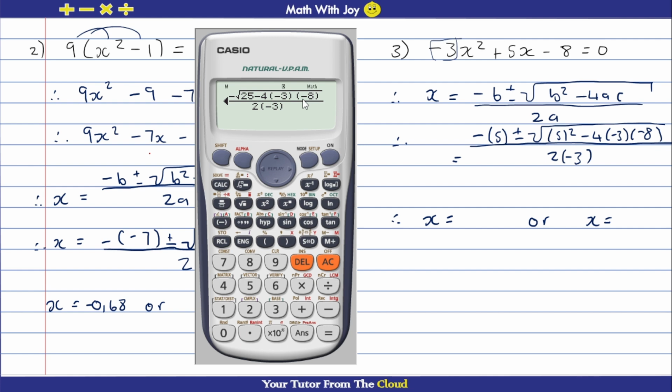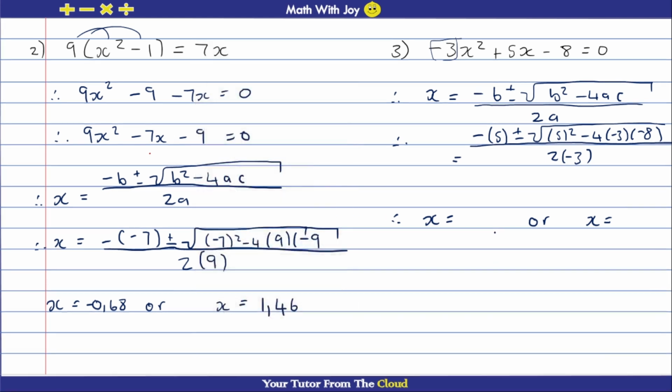Well, 25 minus 96 will give you a negative root over here. So if you have a negative root, it means that you have a non-real number. So that's why you're going to have no solution here. So again, I repeat, 25 minus 96 is no solution.